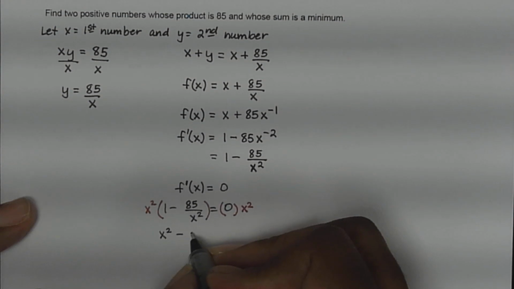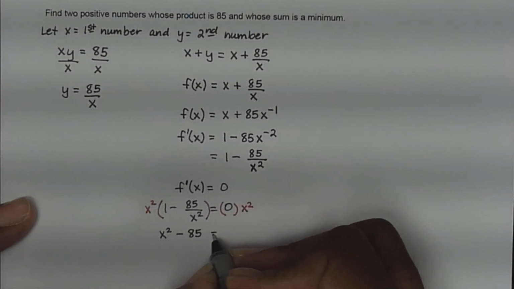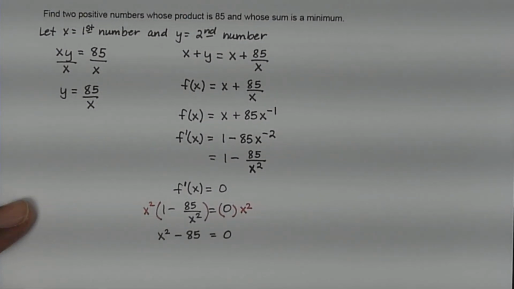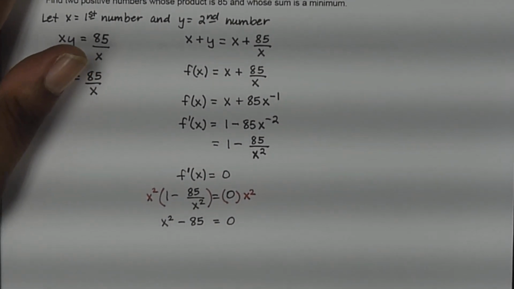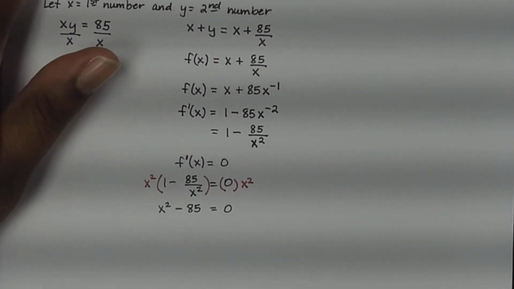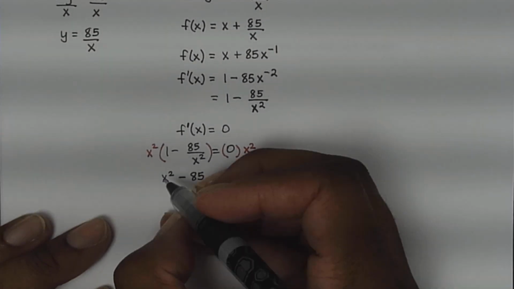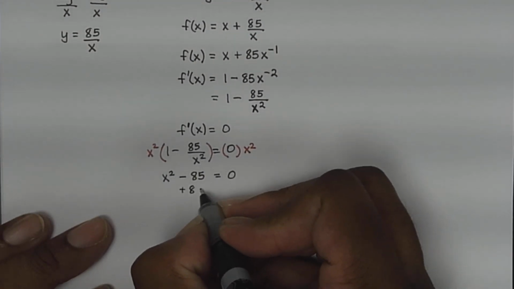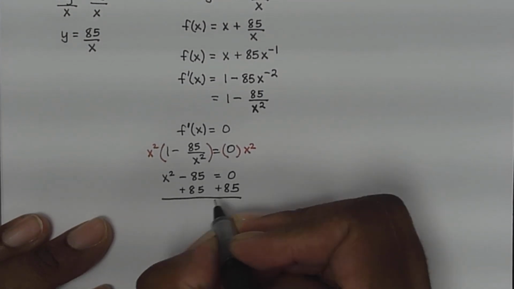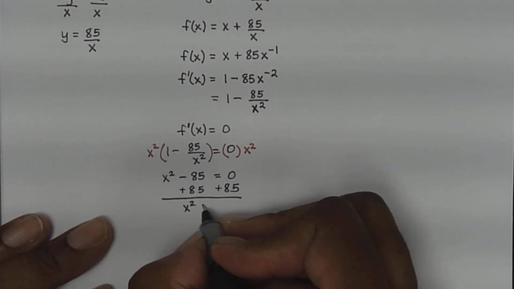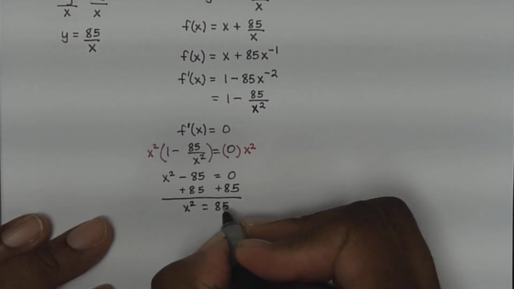You'll be left with just 85 equals 0 times x squared, which is 0. All right, now to get x squared by itself, I'll need to add 85 to both sides. So that means I have x squared is equal to 85.